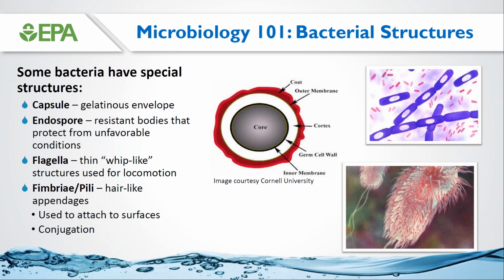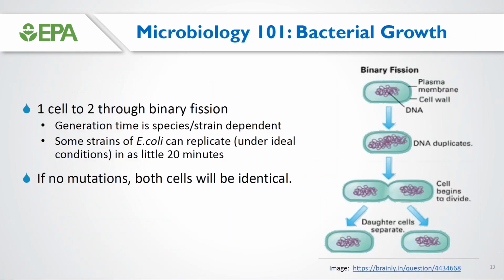Because of that, they're able to evade some of our typical disinfection processes that we use for water treatment. So when we think about water treatment, we also have to consider these kinds of properties that bacteria may have and make sure that our treatment is effective against them, along with all the other varieties of bacteria. Next slide.